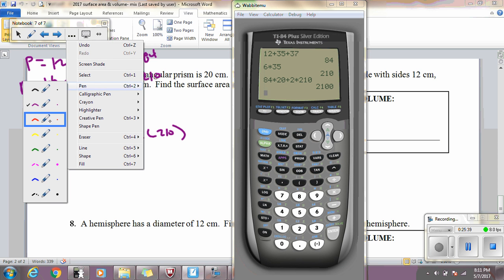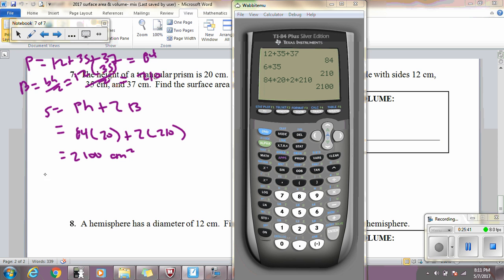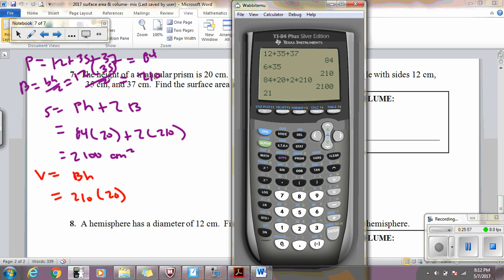Now for the volume. Again, it's still a prism. So that means it's B times H. B was 210. H was 20. So 210 times 20 is 4,200.